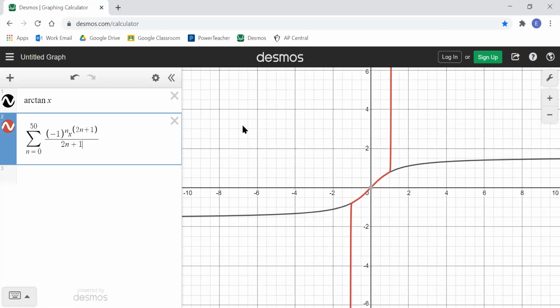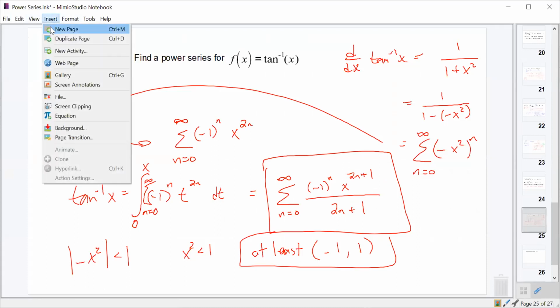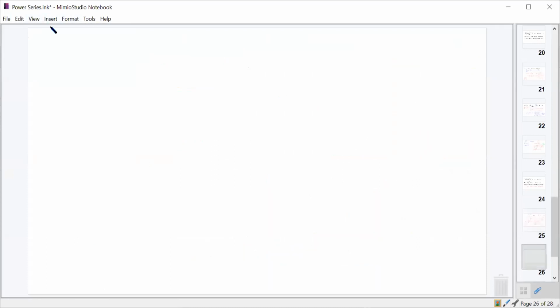All right. So how about the endpoints then? So at x equals negative 1, what's the inverse tangent of negative 1?